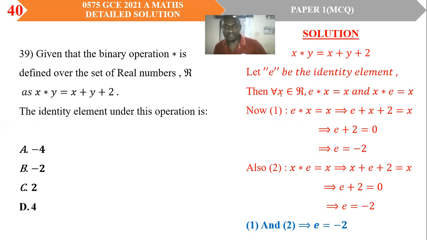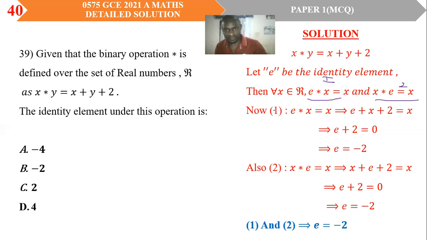Then for every element x belonging to the set of real numbers, E star x must be equal to x, and x star E must also be equal to x. If these two equations are satisfied, it means that E is an identity element. Let's call this one 1, and this one 2.